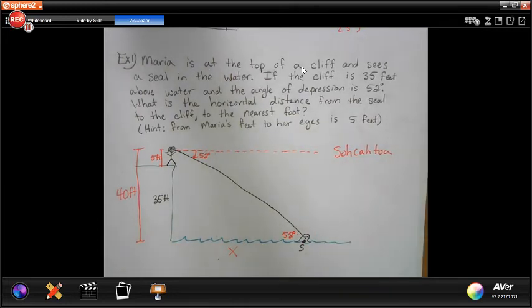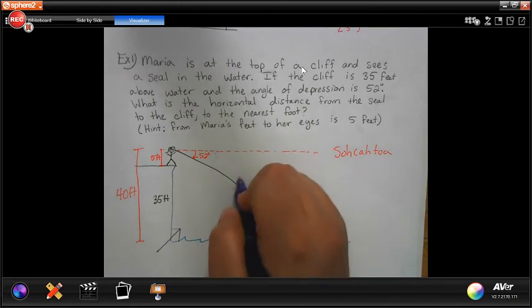to figure out which trig function, because we only have some information. We have to label everything. I'll use purple. Okay, so to label everything, the cliff and the water, I assume, is a right angle because we can only use a right triangle.